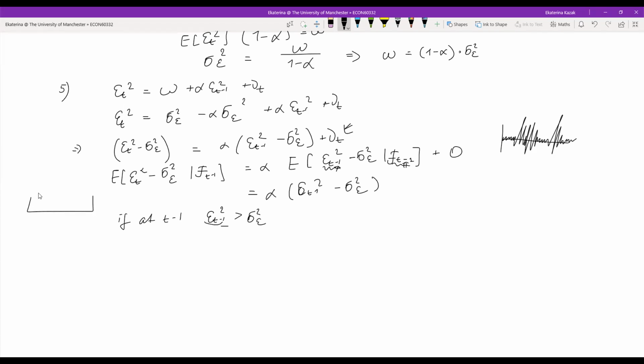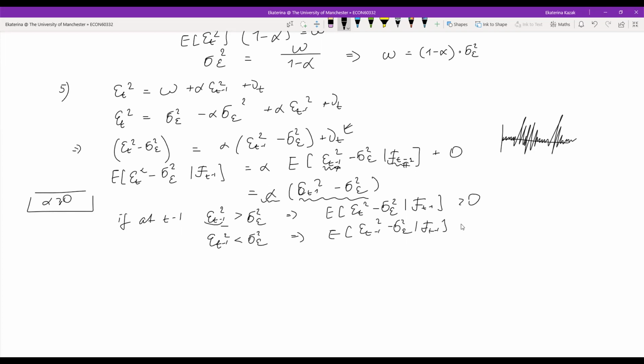Remember, by construction, our alphas are non-negative. This would imply, with the coefficient alpha, if this term is positive, then we expect the difference between epsilon t squared and sigma squared epsilon to be positive as well, as alpha is positive. Similarly, if the term is negative, then our expectation is negative.